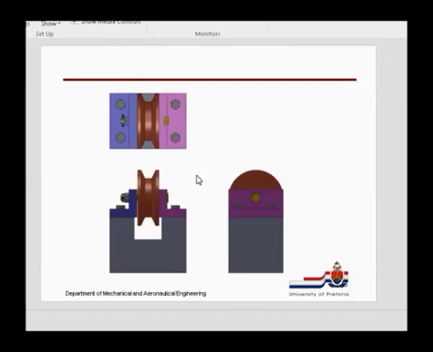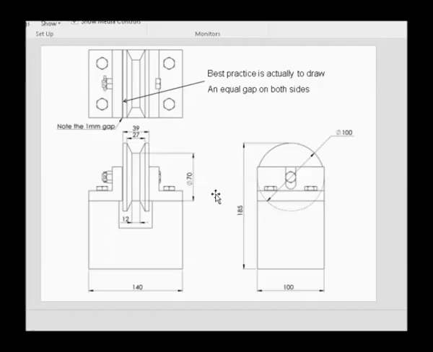Okay, so now we have the external views of the assembly, and then we can add our dimensions. Remember, with assembly drawing we've got overall dimensions, functional dimensions and mounting dimensions. We don't have any specific mounting dimensions.